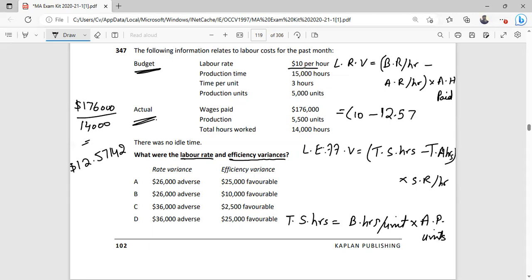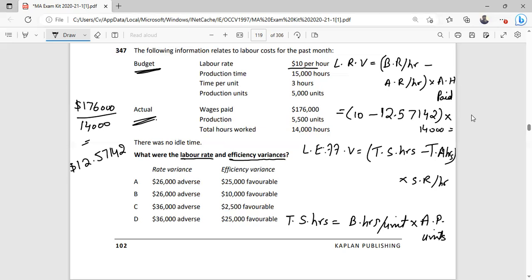Use 5 decimal places whenever you are calculating variances or making any calculation where you need to add, multiply, divide or subtract, into actual hours paid 14,000.